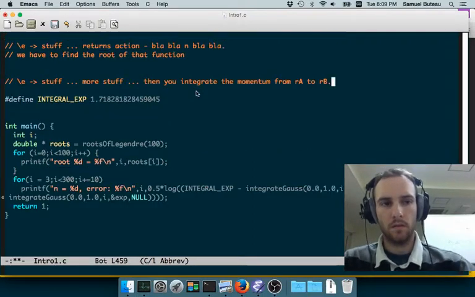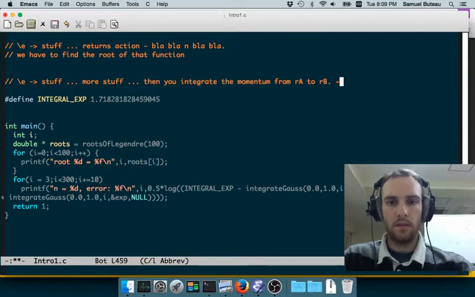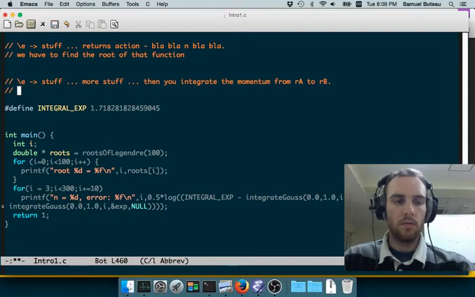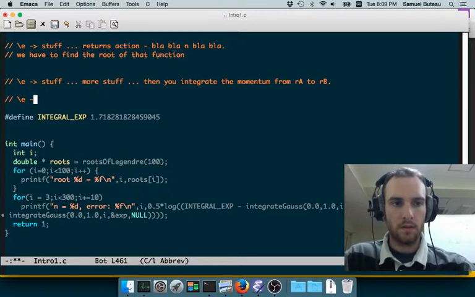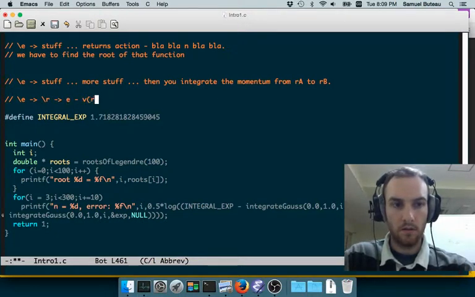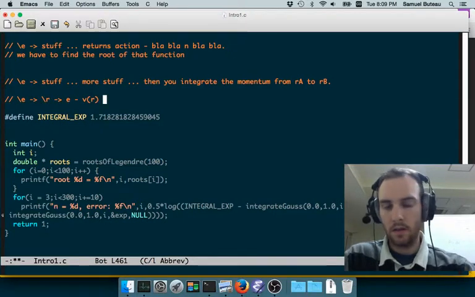That's one level down. That's part of this, right? And then if you go all the way down, you see that you have a function of E, and then here you have a function that takes r and computes E minus V of r.